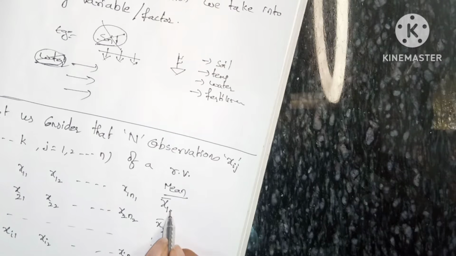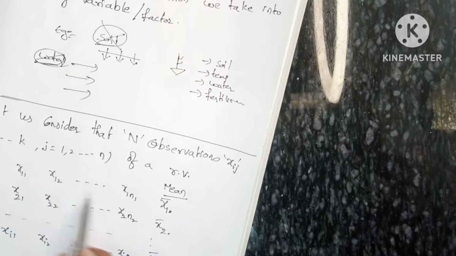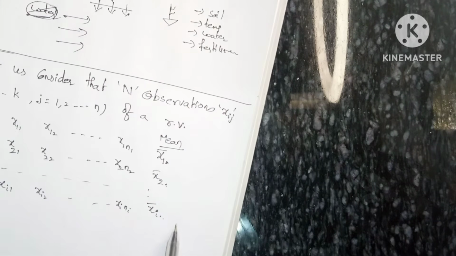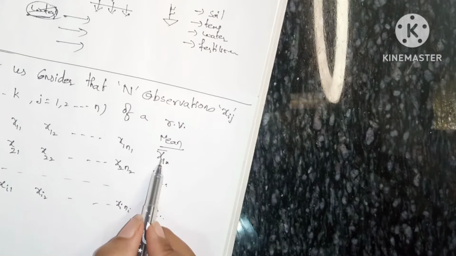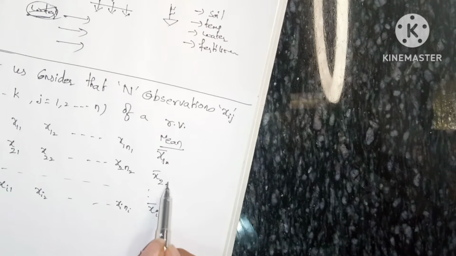Why have I kept the dot here? In the sense we are doing only one direction. The second direction we are not going to analyze. It indicates that we are doing row wise, column wise we are not doing.